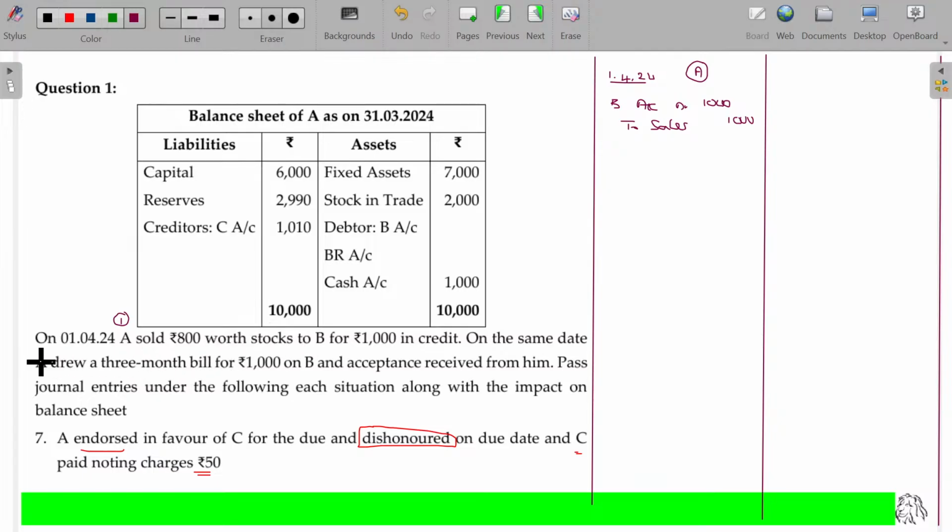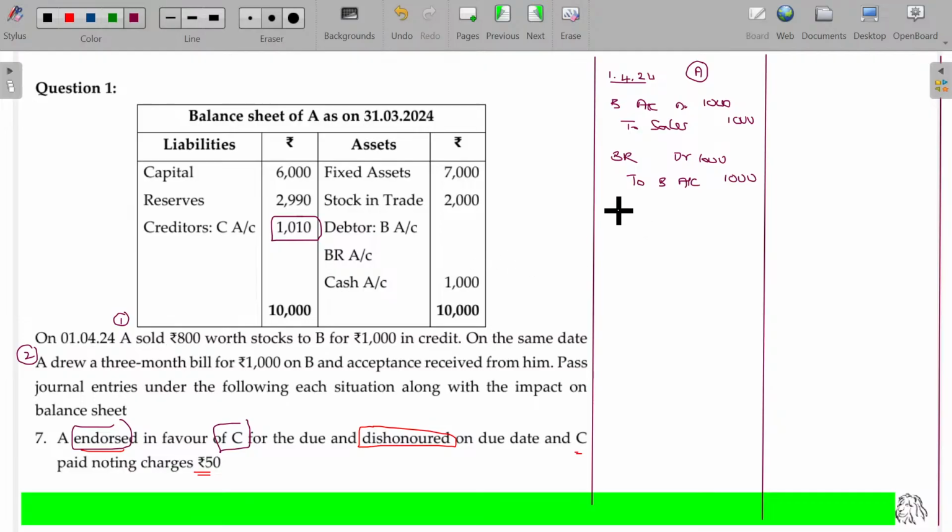Immediately on the same date, A drew a 3-month bill. So for the bill, the journal entry being BR account debit to B account, value being 1000. On the same date, A endorsed in favor of C. From the balance sheet, we are sure that the amount payable to C being 1010, for that we paid only 1000 rupees worth of bills.